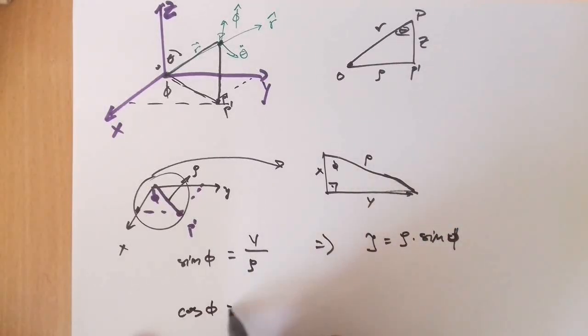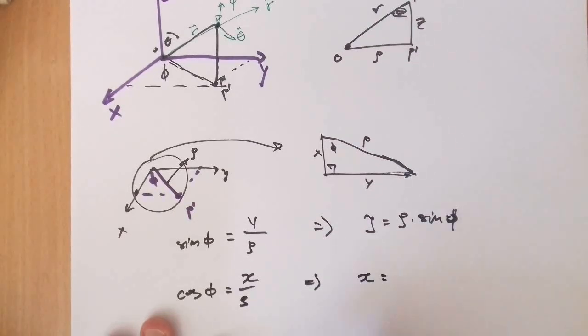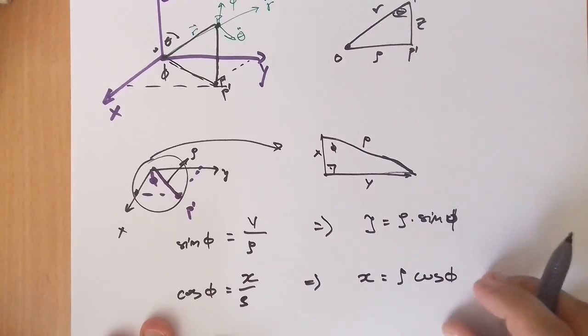Cosine of phi is equal to X over rho. Only X is equal to rho times cosine of phi.